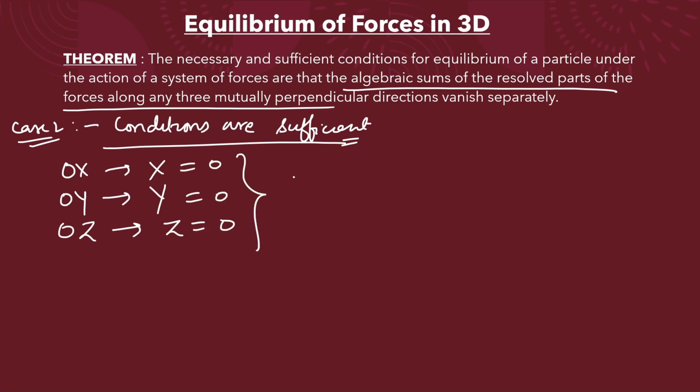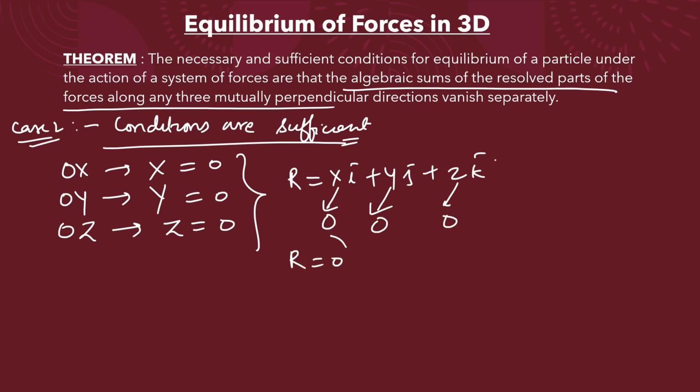So R, as we have seen, is equal to X i cap plus Y j cap plus Z k cap. If X is equal to 0, Y is equal to 0 and Z is equal to 0, this is 0, this is 0, this is 0. This means R is equal to 0.